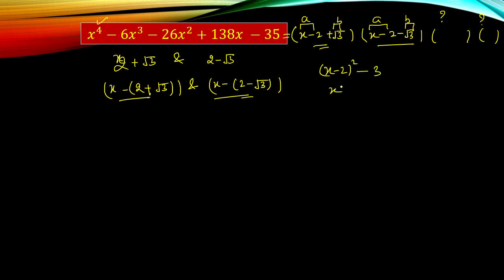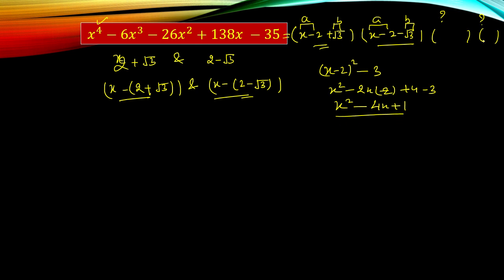Opening x minus 2 whole square, that is a square minus 2ab plus b square, and minus 3 as it is. So ultimately the product of the two given factors is x square minus 4x plus 1.